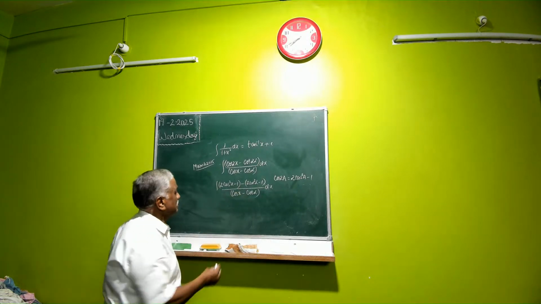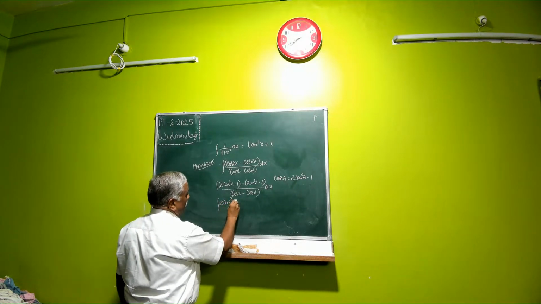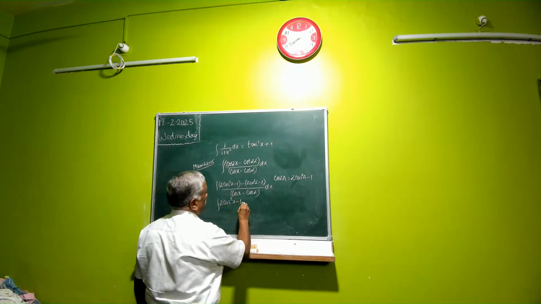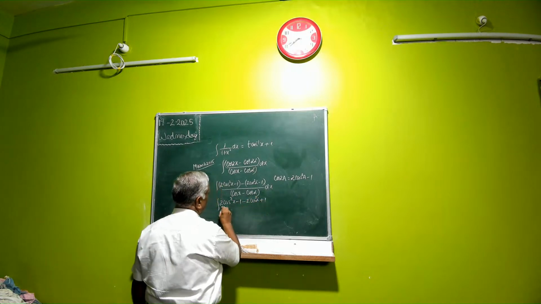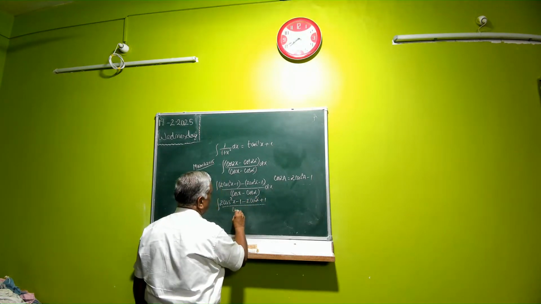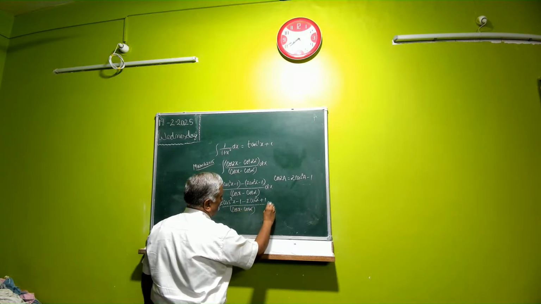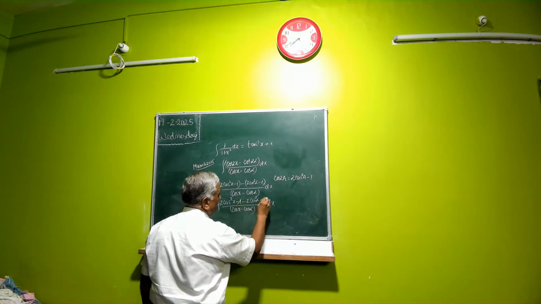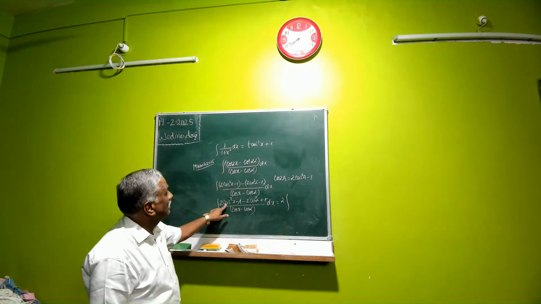So let us simplify this. This is 2 cos square x minus 1 minus 2 cos square alpha plus 1, divided by cos x minus cos alpha. So this minus 1 and plus 1 cancel. 2 is a constant, you can take it outside.